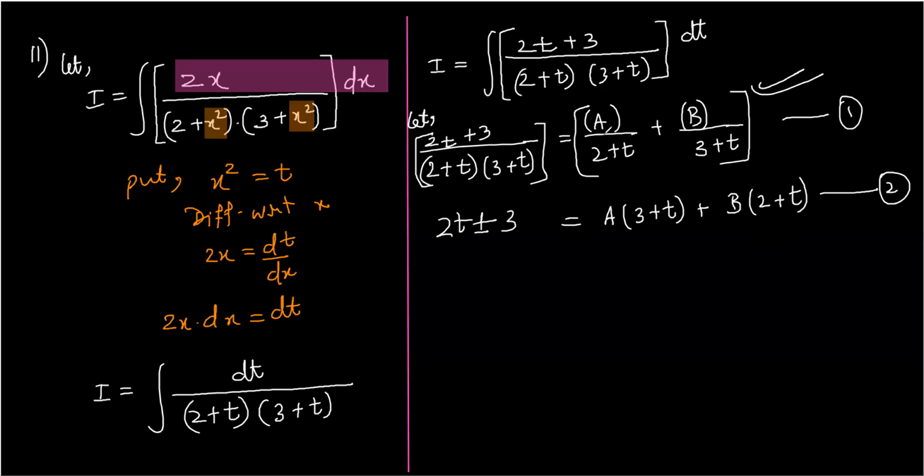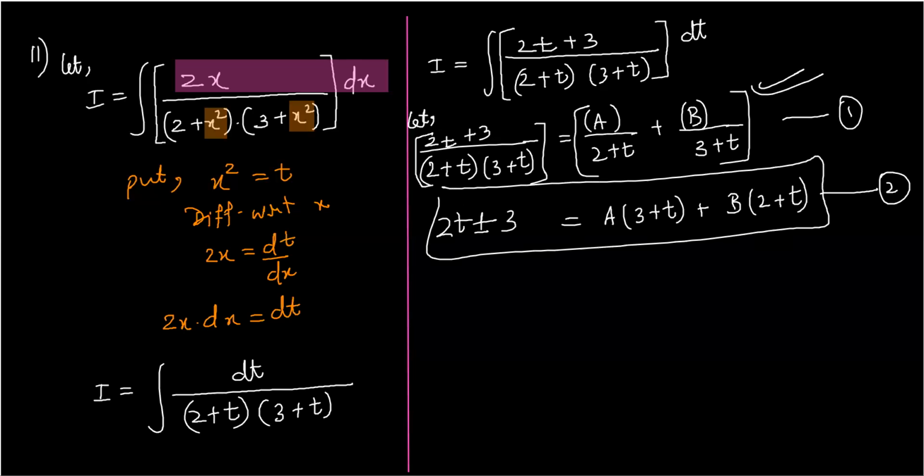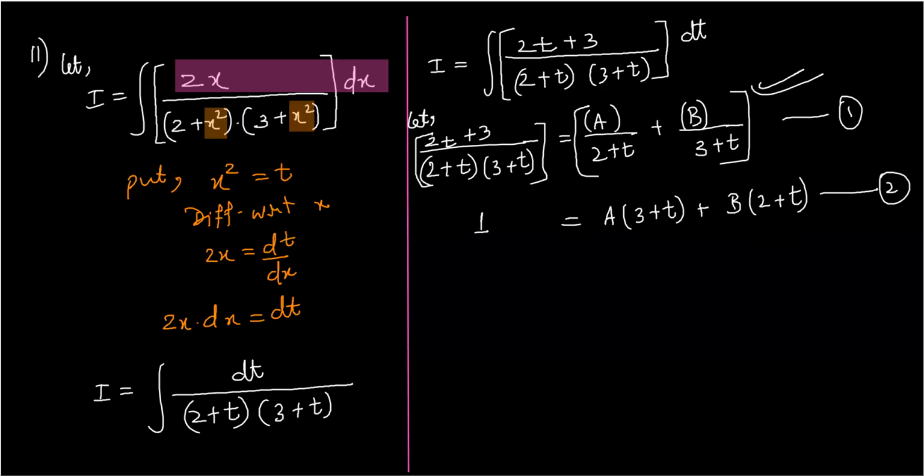Writing, assuming the presence of a and b, such that we could write this as two fractions, and then taking LCM, then getting one identity, and then eliminating a to get the value of b, eliminating b to get the value of a. All that you will have to do if you have the variable in the numerator. Okay. But here, fortunately, we have 1. So the faster method will work.